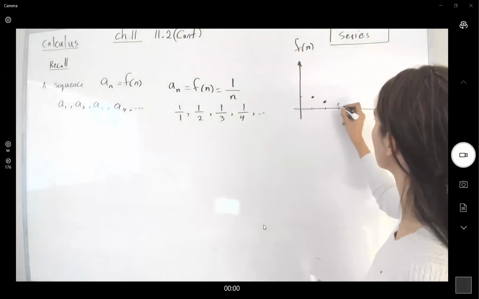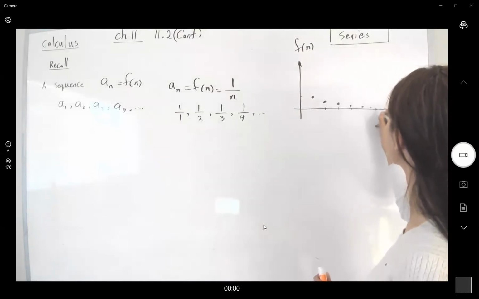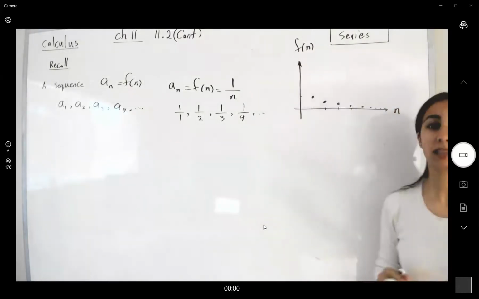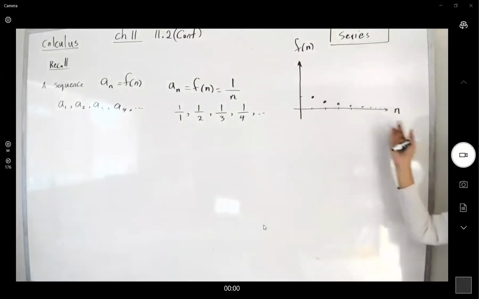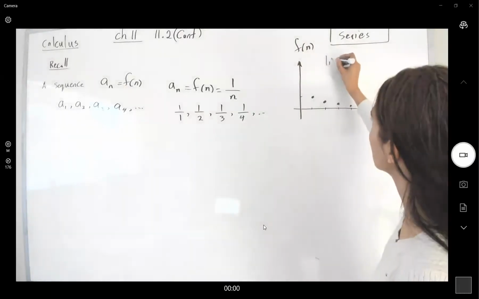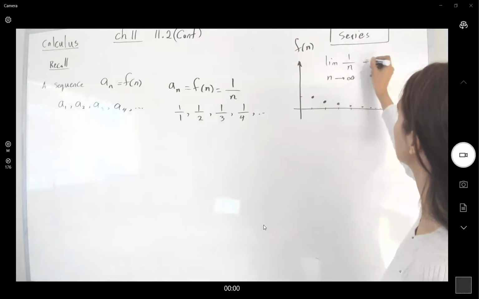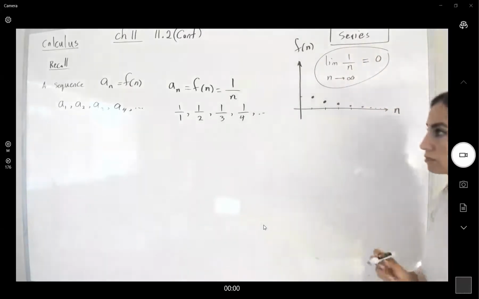At 3, you have a third. At 4, a fourth. And this is the behavior of this sequence. Remember that when it comes to sequences, we're interested in the behavior of the sequence as n goes to infinity. So we say that the limit of this sequence as n approaches infinity, 1 over infinity, is 0.